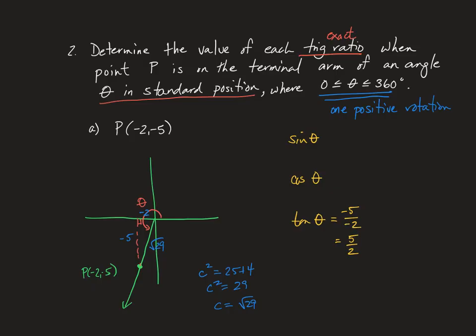Remember that because a hypotenuse is on a diagonal, it does not have a directional component. So all hypotenuses are positive. And now that I have that, I can go through and determine my exact value. So the sine of theta is opposite over hypotenuse, and the cos of theta is adjacent over hypotenuse. And there we go. Perfect.